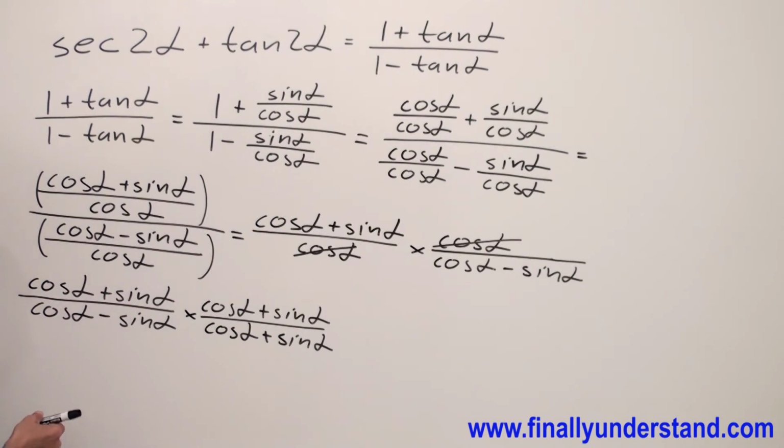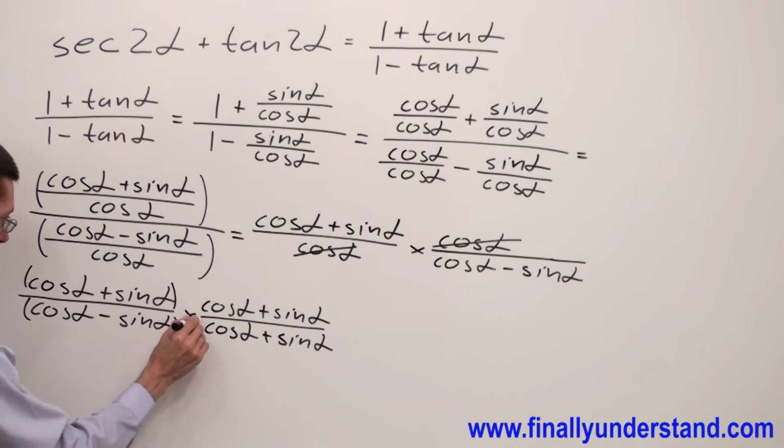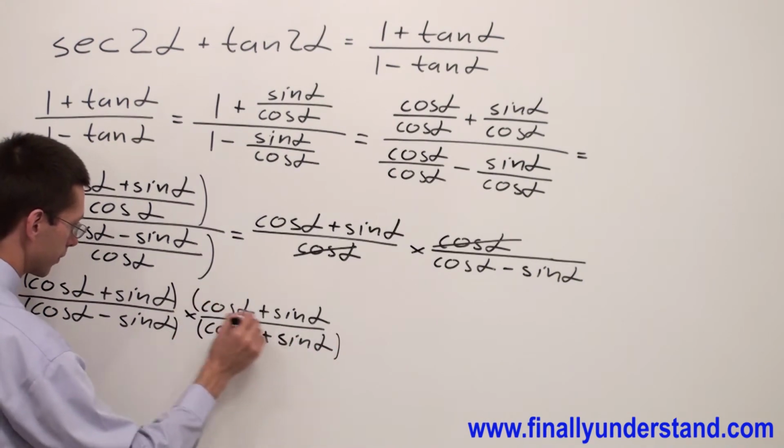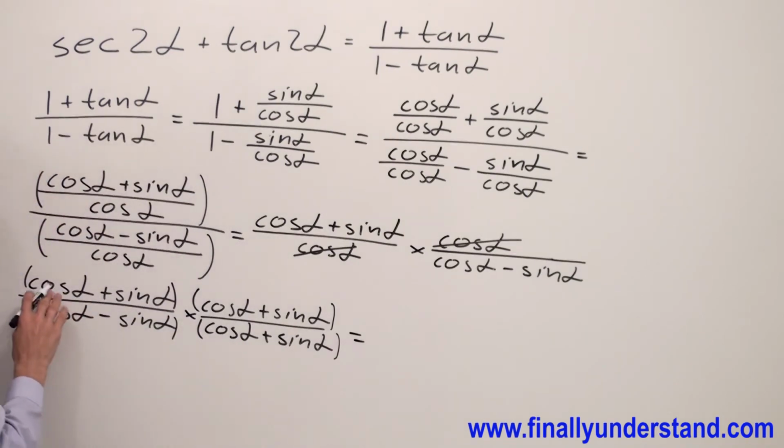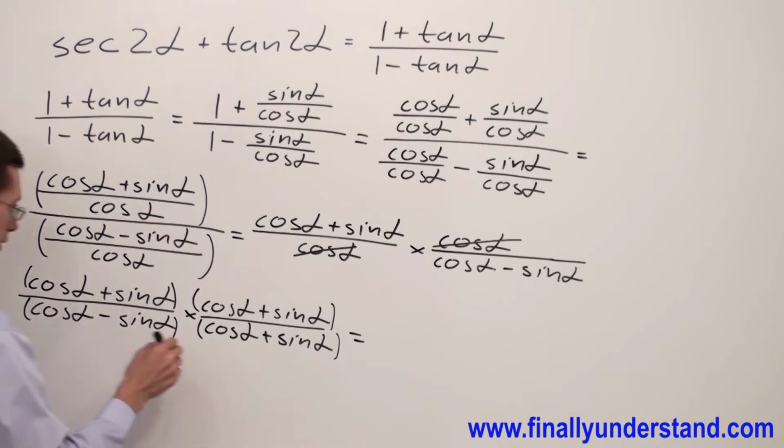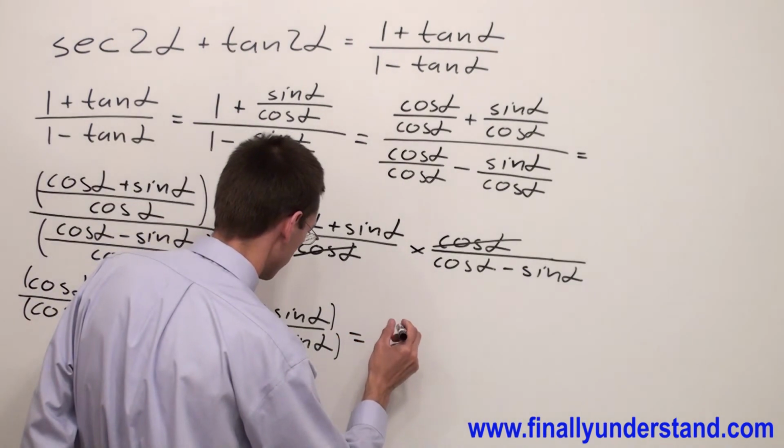So the fraction is going to look different, but its value is going to be the same. Next, we're supposed to perform the multiplication. Okay, let me add the parentheses. And what are we going to have in the numerator? In the numerator, we are going to have nothing else, just the square of the sum.